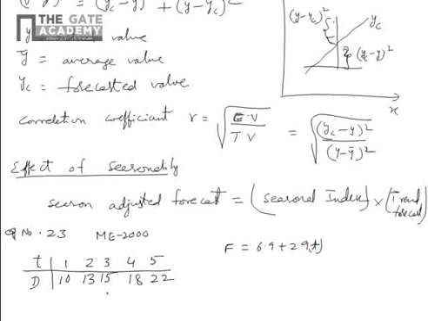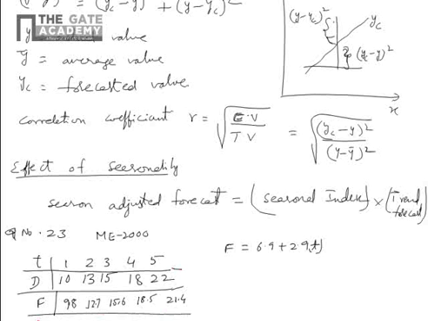So substitute the t value and you will get the forecasted values: for t equal to 1, 9.8; t equal to 2, 12.7; t equal to 3, 15.6; 18.5; 21.4. So subtract demand minus forecast to get the absolute deviation.